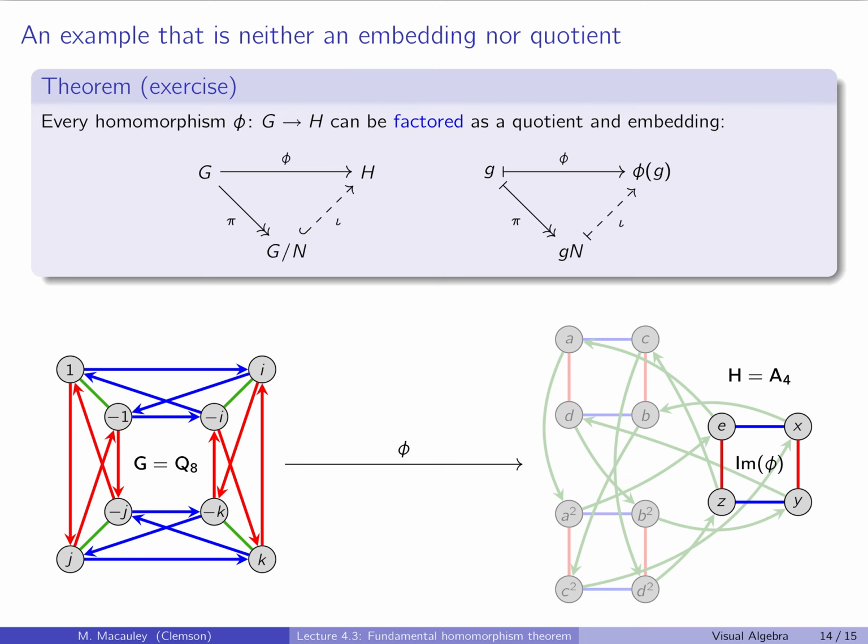The moral is that every homomorphism phi from G to H can be factored as first a quotient by the kernel and then an embedding. So here are those maps between the groups, and here are the individual elements. So g gets mapped to the coset that contains it over here, and then we send that to phi of g here.